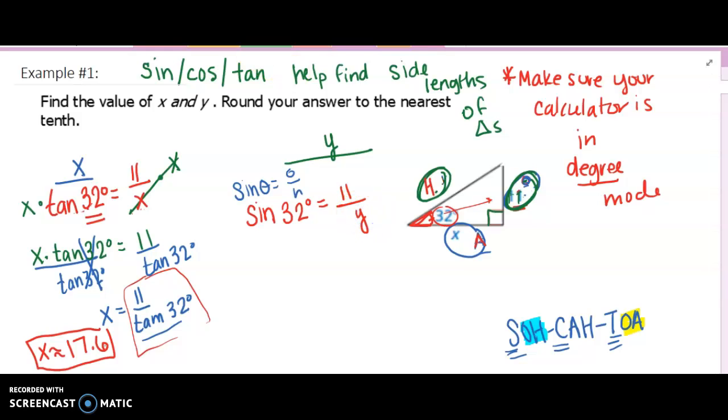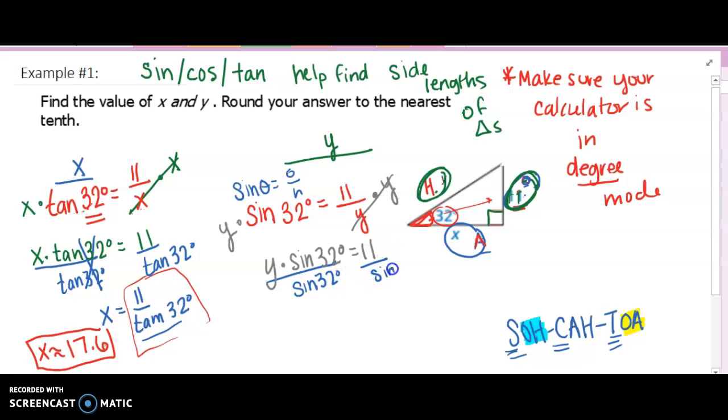Okay, now we're down to an algebra problem. So once again, I'm going to multiply by the denominator to get rid of the fraction. Those go away. I'm left with y times sine 32 degrees equals 11. I want y by itself, so I'm going to divide by sine 32. Remember, sine 32 is just a number, and our calculator knows what that number is.